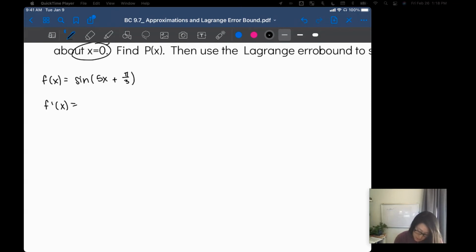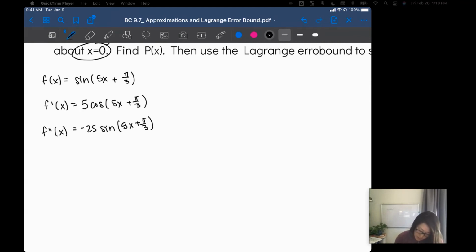So the derivative of sine is cosine of 5x plus pi over 3 times the derivative of the inside, which is 5. So f double prime of x would be negative sine of 5x plus pi over 3. And then we need to multiply the 5 with the inside 5, which gives us 25.